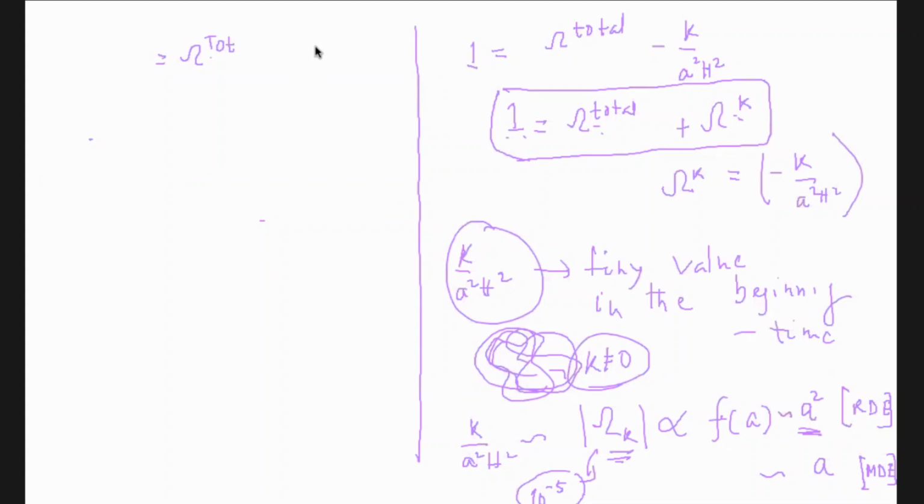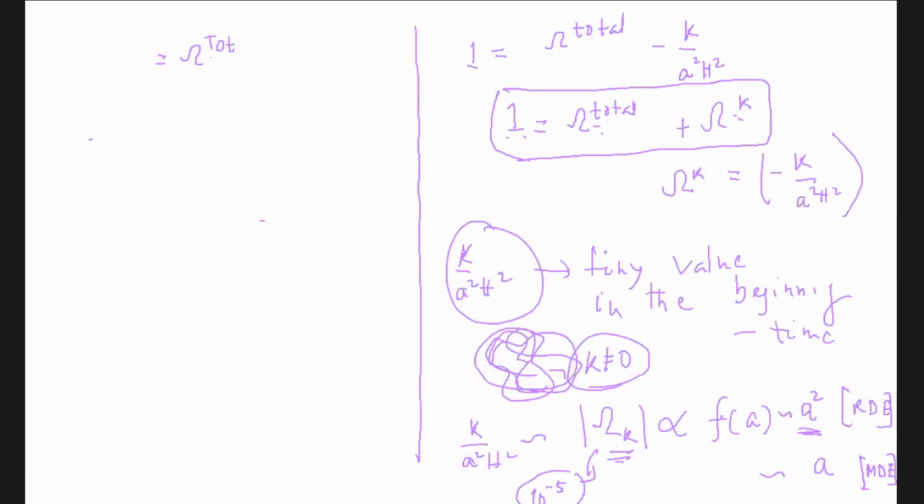Is it clear? See, these are very important things. Very simple but very important. So it goes as scale factor squared. So is the scale factor increasing or decreasing? Tell me. Increasing, because that's what we know. What about all other people?